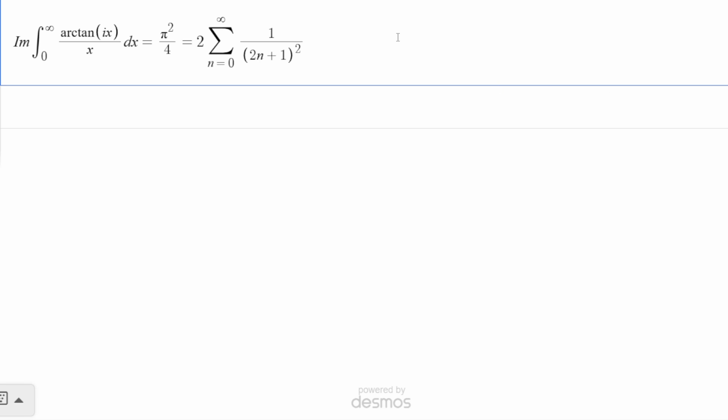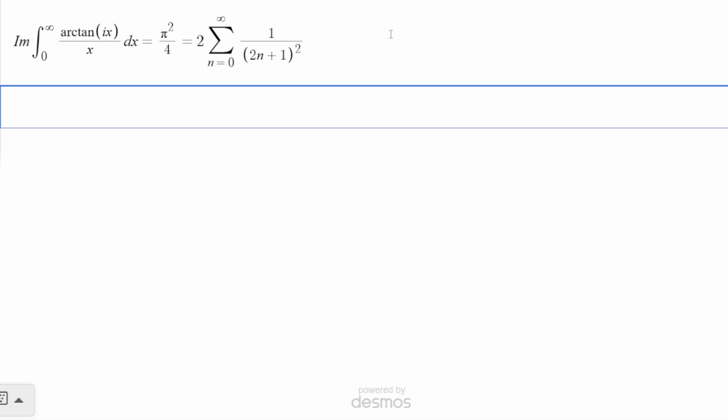We will do it by showing two things: first, that the imaginary part of the integral from 0 to infinity of arctangent of ix over x dx is equal to pi squared over 4, and that the imaginary part of the integral from 0 to infinity of arctangent ix over x dx is also equal to 2 times the sum of the reciprocals of the odd squares.